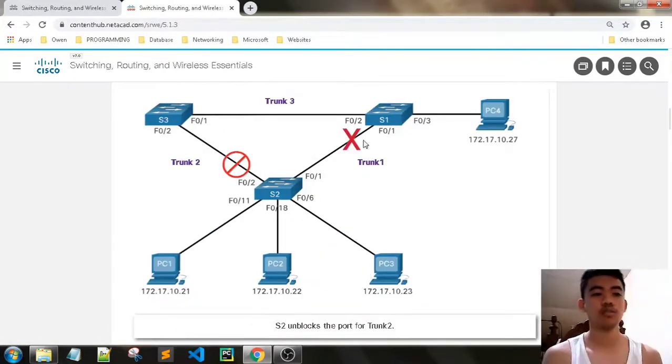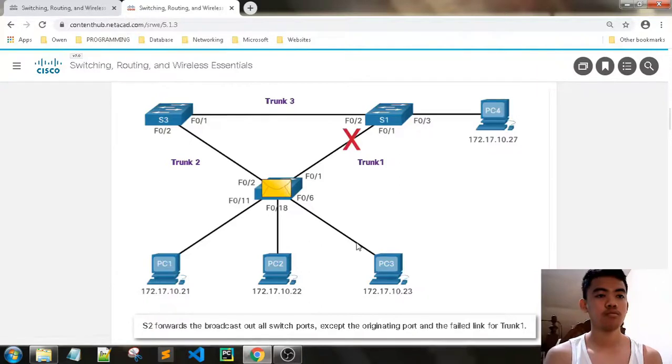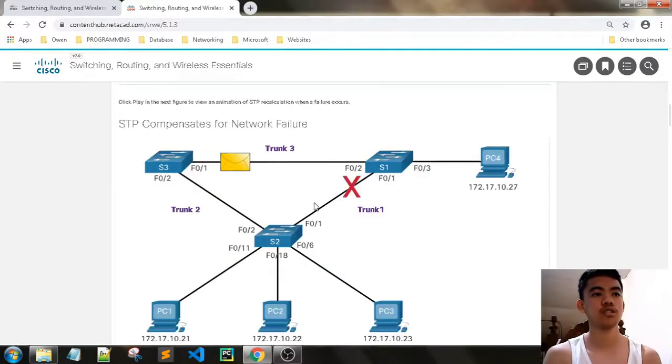The trunk link between these two has failed, so S2 blocks the port for trunk 2. Basically, it's just a recalculation for STP whenever a link fails.